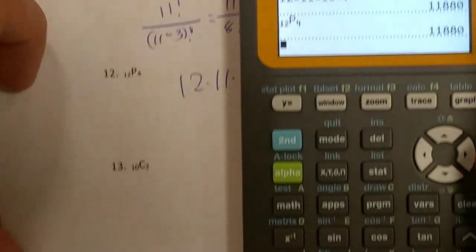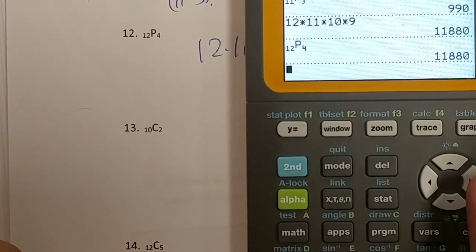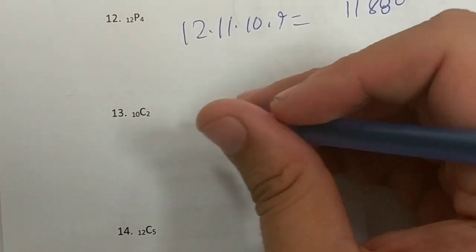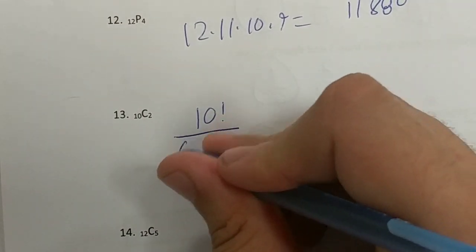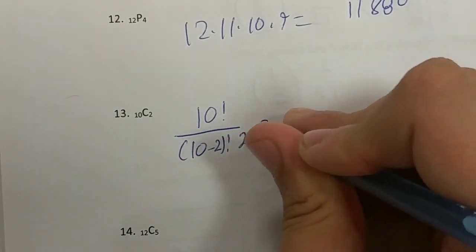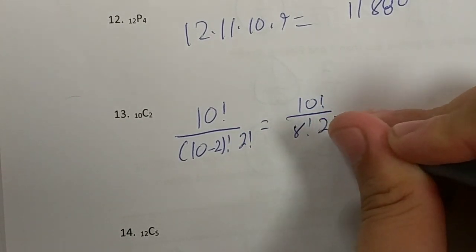So you could do the P in the calculator. But you know what's better than doing P in the calculator? C in the calculator. So what I'm going to do is C in the calculator. First, let me do it by hand for anybody like me who likes to do it the long way. 10 factorial over (10 minus 2) factorial, 2 factorial. 10 factorial over 8 factorial, 2 factorial.